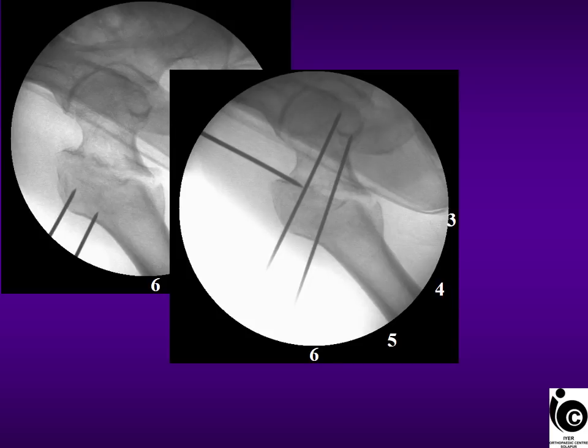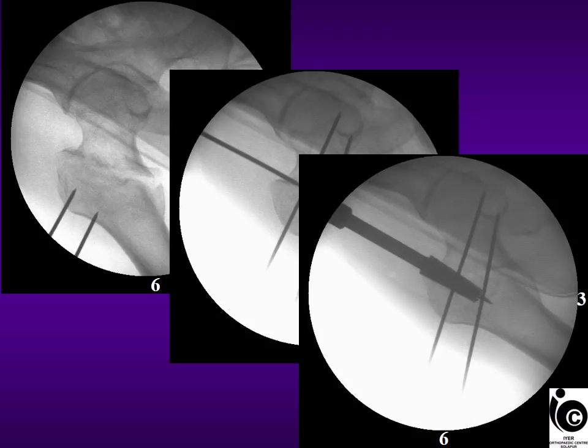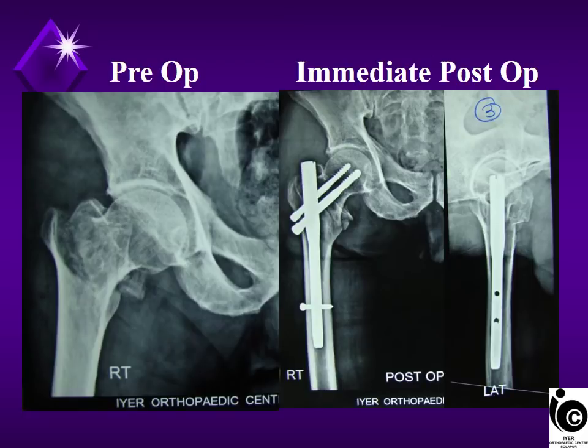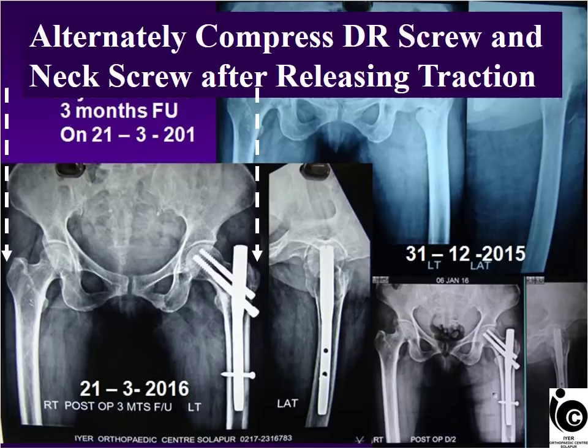Though you are using a PFN, the tip of the trochanteric entry is the choice for the implant, but it's better to go in line with the medullary canal, and you will not repent for using this entry medial to the tip of the trochanter or even a piriformis entry. So this is the entry I make, and this is the immediate post-operative picture. See the position of the screw. The neck screw is inferior in the head as well as in the neck.